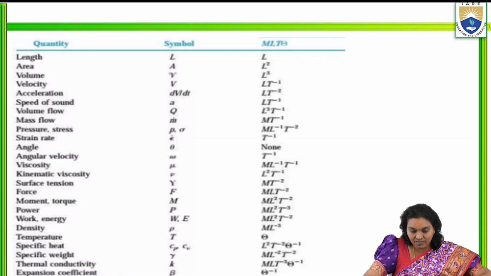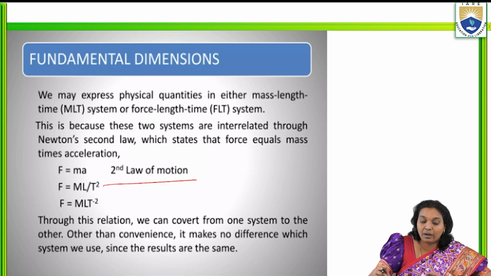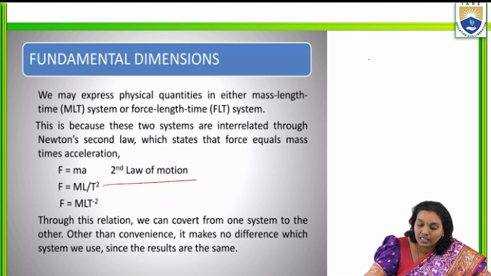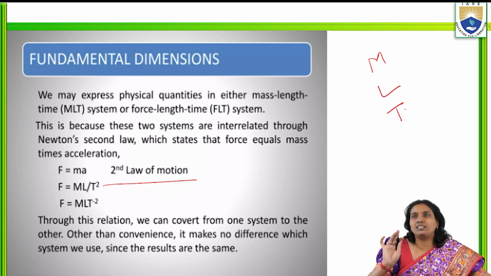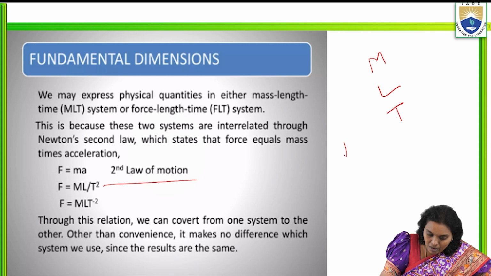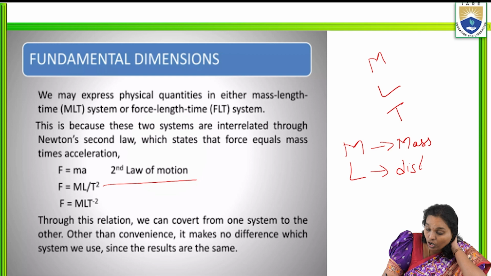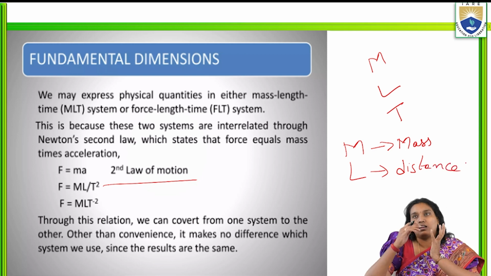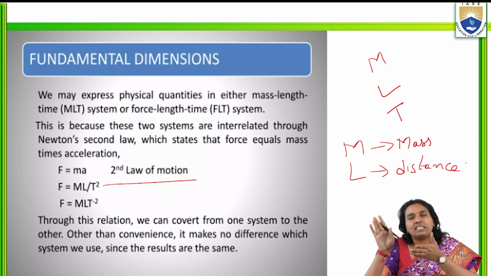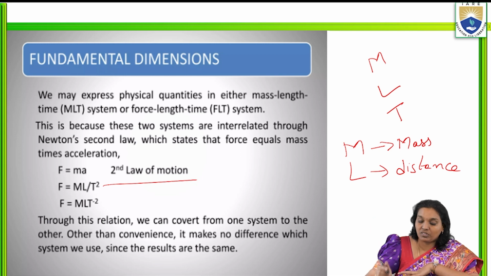First we have to understand the fundamental dimensions are M, L and T. These three are the fundamental dimensions. M comes under mass, like kgs. L is length, and it comes under distance: whether it is depth, breadth, width, thickness, whatever it may be, it comes under distance.